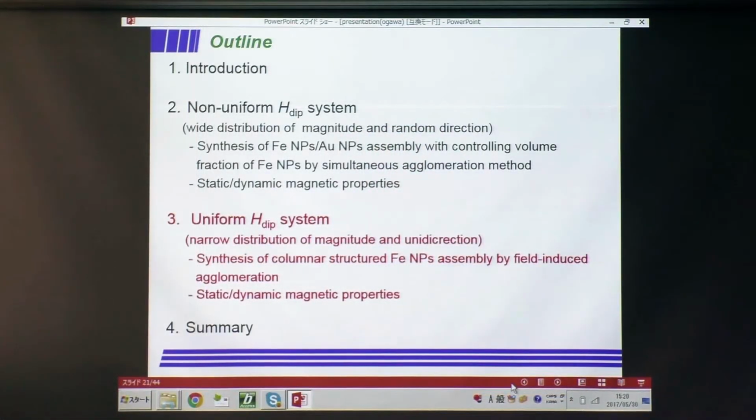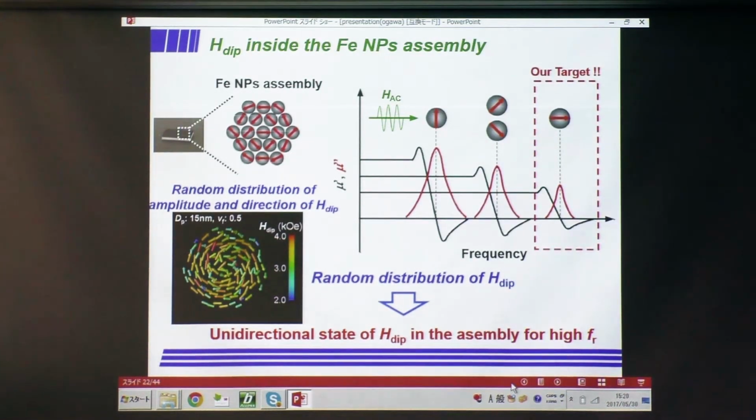So we changed our thinking on the H-dip system and made a uniform, that means a unidirectional, state of the dipole field system. We will make a columnar structure of the iron nanoparticle assembly. As I showed you in the last slides, this kind of vortex magnetic state is realized inside the nanoparticle assembly.